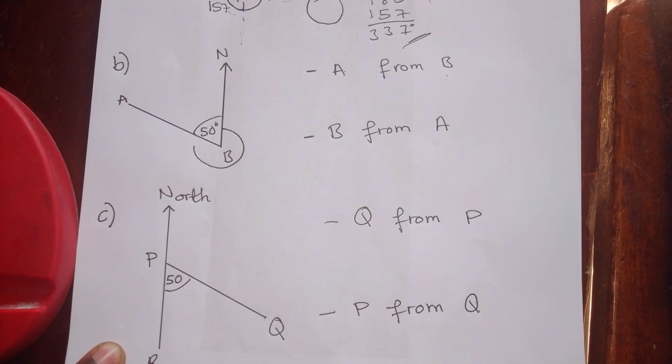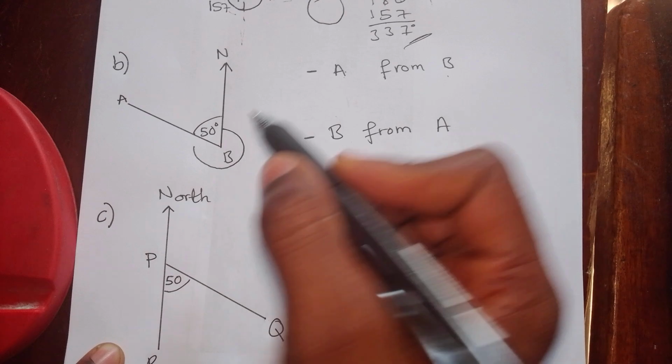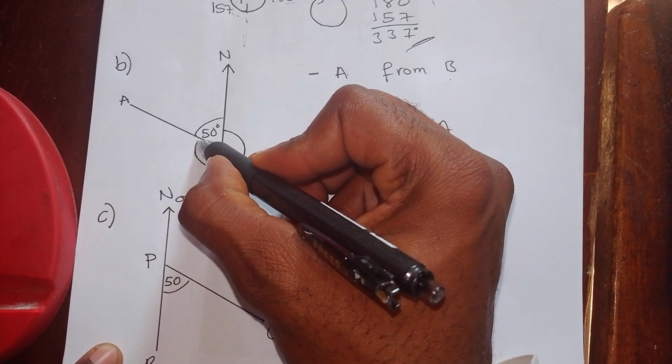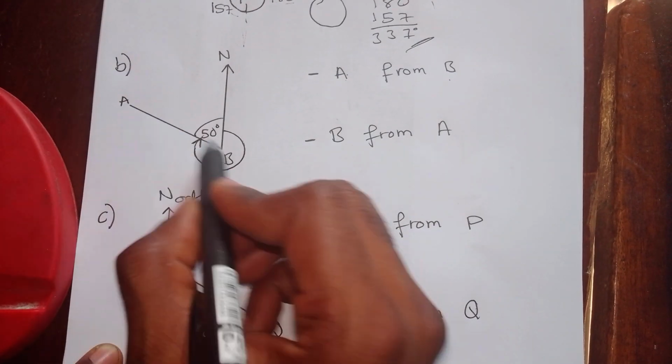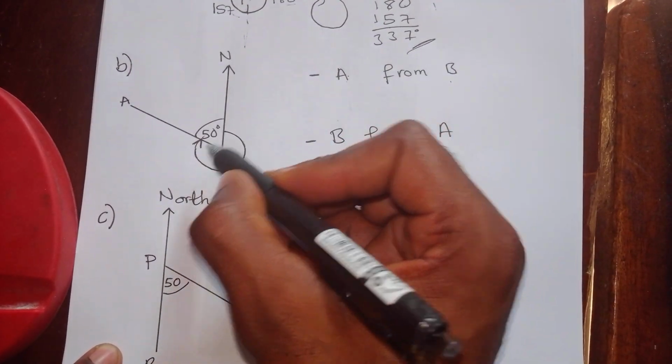So by A, we mean the line joining B and A. So I'll draw my arc like this, going all the way to, so this is where my A is. So my job is to find this angle here.